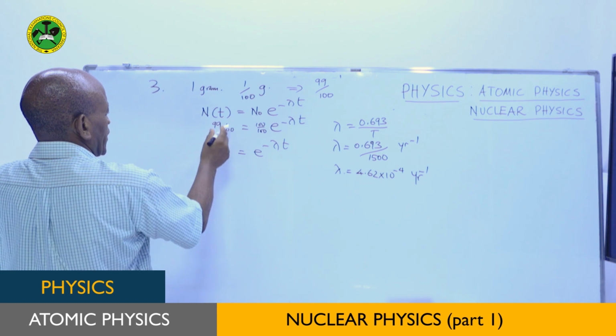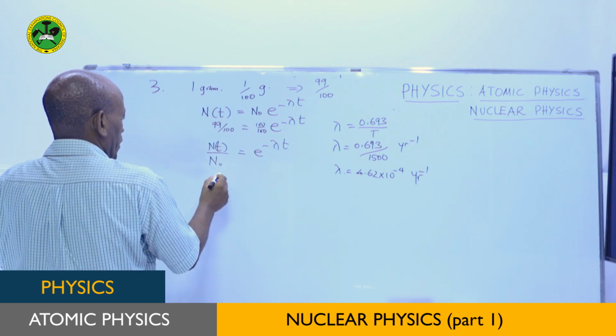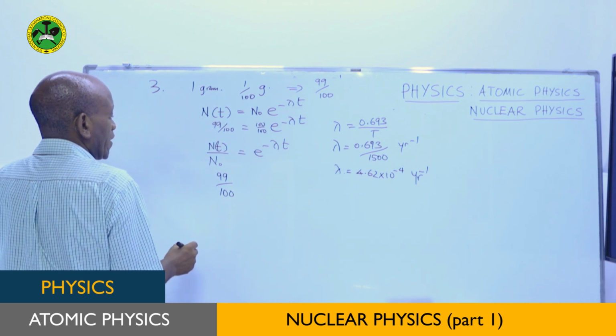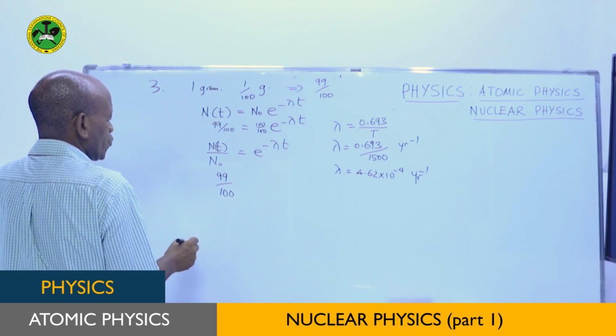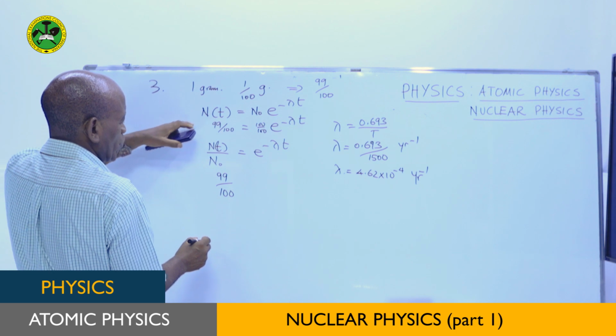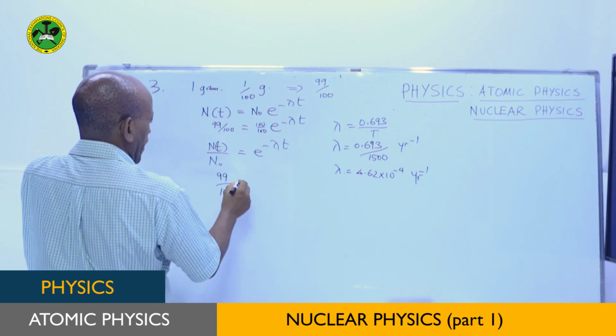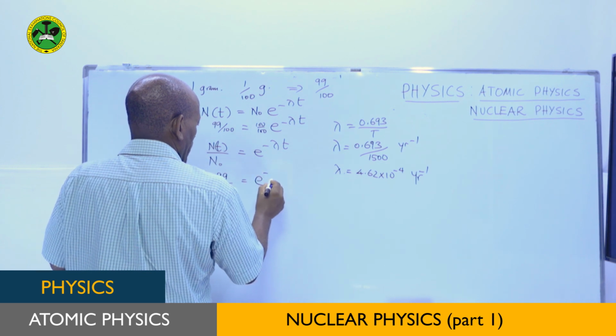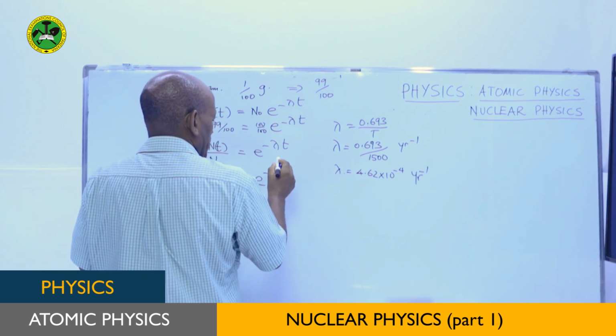So we're taking this divided by this, which gives us 99/100, so this will just be equal to e power minus lambda times t.